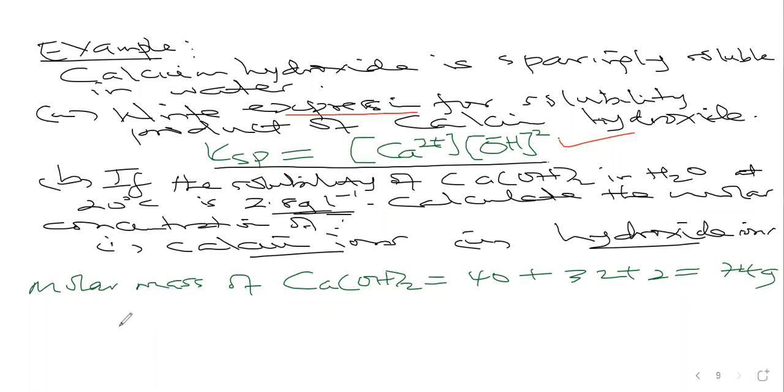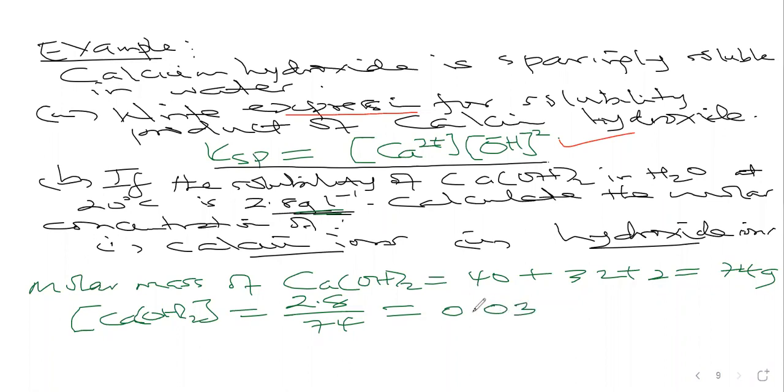That's the molar mass. Now, the molar concentration of calcium hydroxide, which is moles in 1 liter, will be the mass given over the RFM, which is 74. Be convinced from your calculators that this gives you 0.0378 moles per liter.